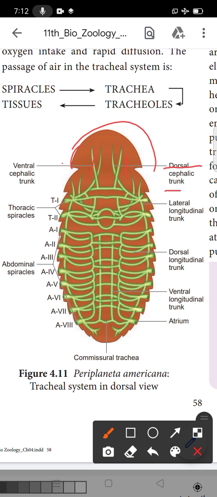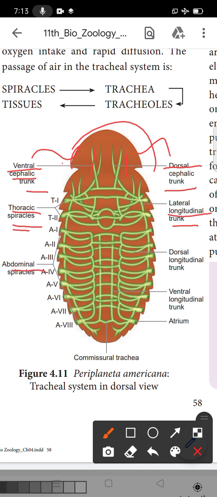Dorsal cephalic trunk, ventral cephalic trunk. So two types of trunk are present, dorsal cephalic trunk and ventral cephalic trunk. The next one is the lateral longitudinal trunk and thoracic spiracles. This part is the lateral longitudinal trunk. Then thoracic spiracles are also present.